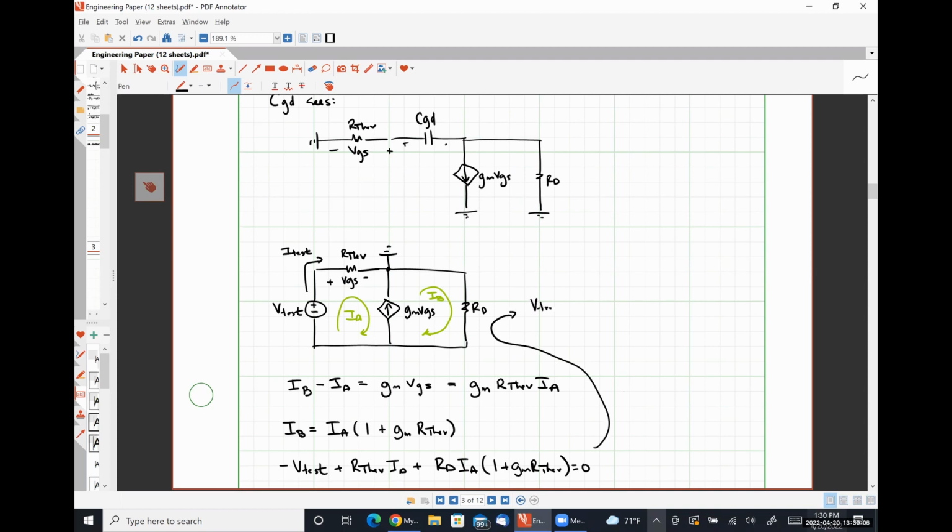So V test over IA is going to look like R Thev plus (1 plus gm R Thev) times RD.